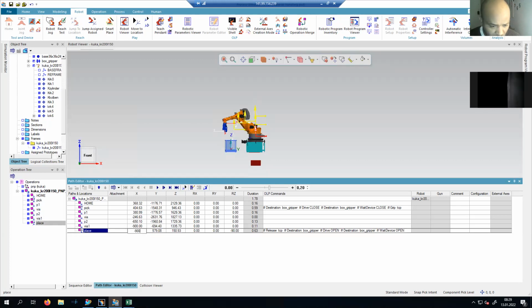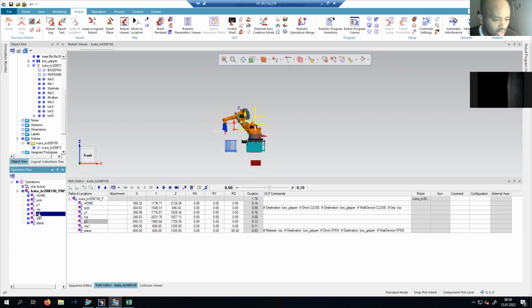Maybe this also 900. Maybe this is 600. Here also 600. Maybe here is 1335.33. Here also 1335. So now the position is the same. We have the same position, but we would like to change the rotation. That is our goal.